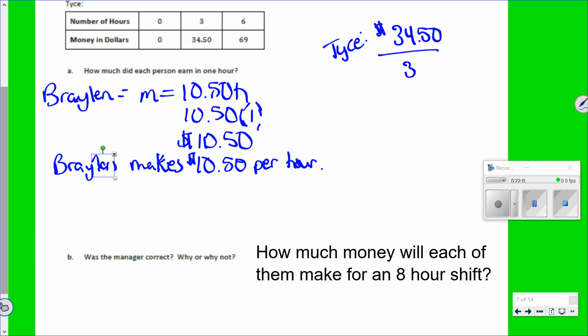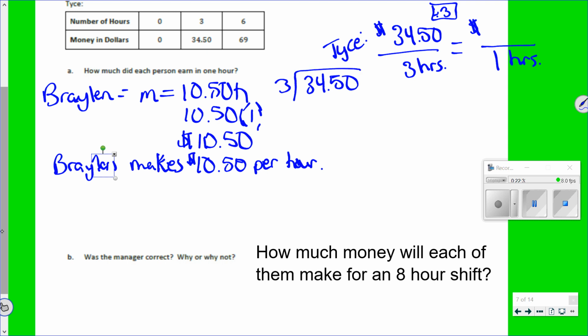For 3 hours. And they want to know how much they make per hour. So what do I have to do to Tice's rate? Divide it. Because I'm trying to get to 1 hour. So what am I dividing by? What goes in my mystery box? 3. I'm dividing by 3. So I have to divide $34.50 by 3.